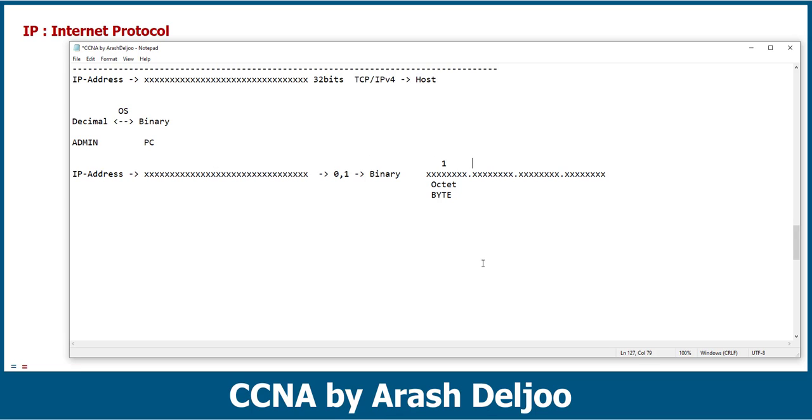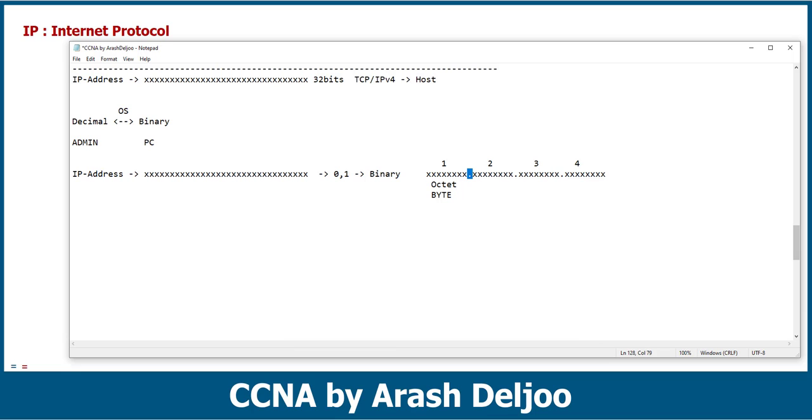Then this is the second octet, this is the third octet, and this is the fourth octet. Now we have a 4-octet value. I only divided these 32 bits into 4 parts, with each part being 8 bits, or 1 octet. That's it.